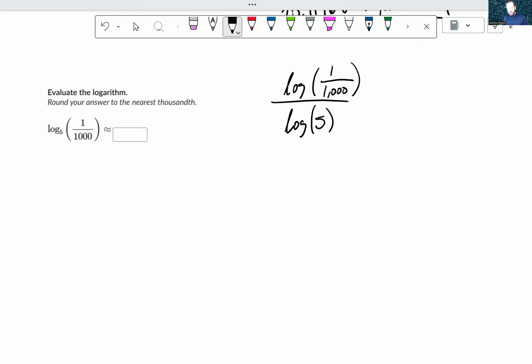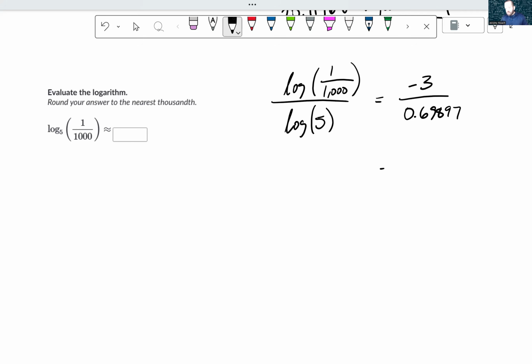Okay, and we'll type that in our calculator. Log of 1 over 1,000 is -3. We get a whole number there. Over log 5, which is 0.69897. We're just going to divide these.